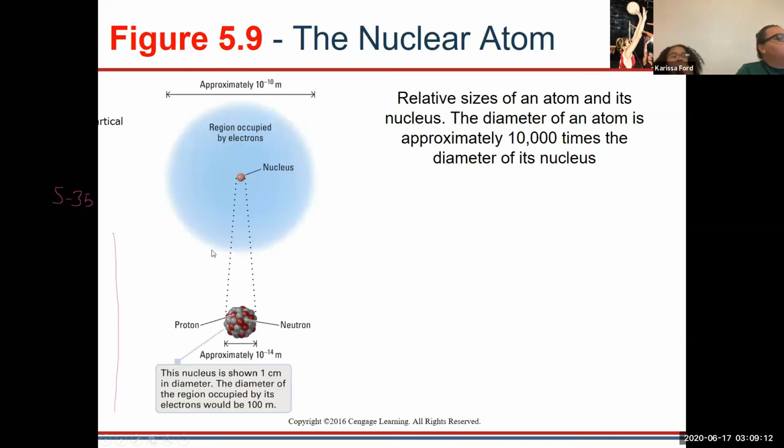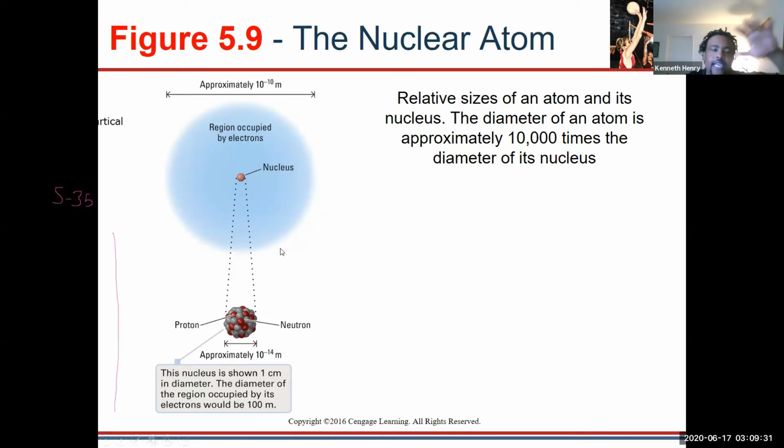There we go. Okay, so now this here is the nucleus. This is just showing you a big picture of the nucleus. You have these electrons out here. The nucleus is in the center, right? So your protons and your neutrons are pretty much safe. Nobody's going to touch them. But you have your electrons out here in this space, circling around. Which is going to be easier to grab?